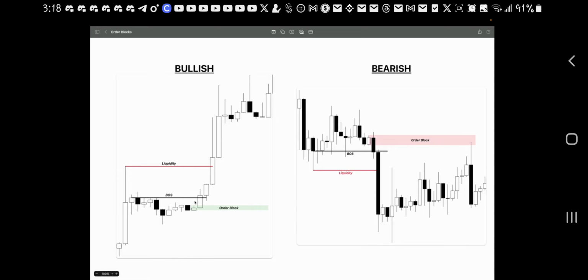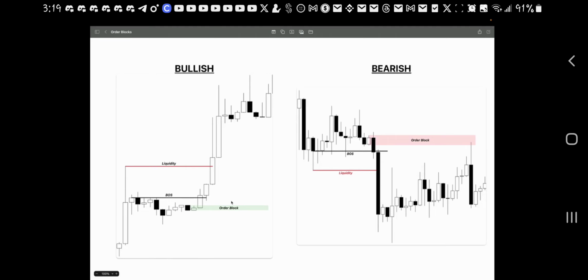So, you want to view both, have them both marked, but understand that to actually confirm an order block, you must see a break of structure, BOS. So, the bullish order block produces a break of structure. That then leads to a break above liquidity. And the order block itself is a level that if revisited, you should expect to see a reaction on that same time frame. That's simple. That's all it is. And that's how they work.